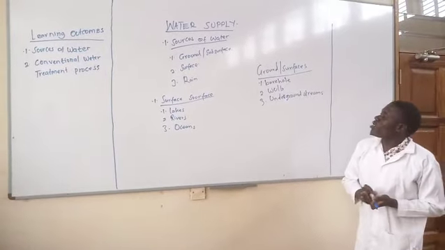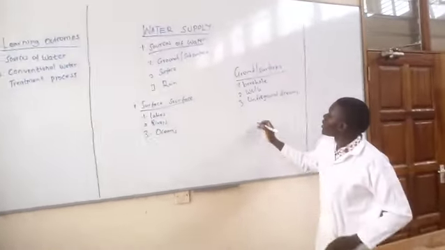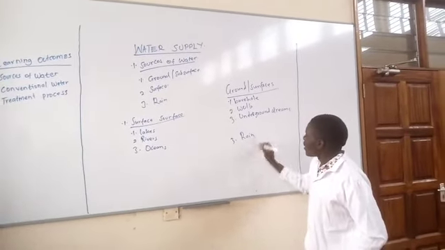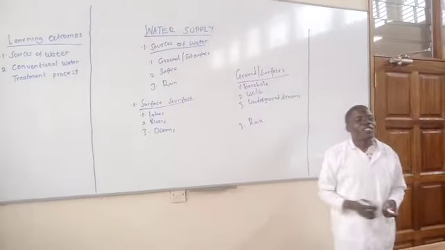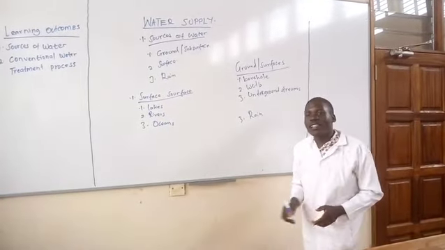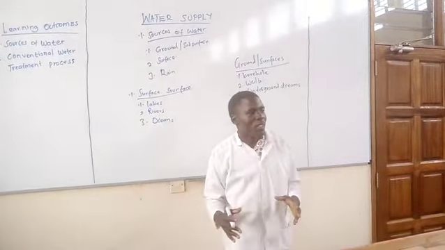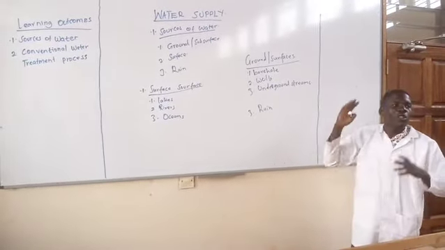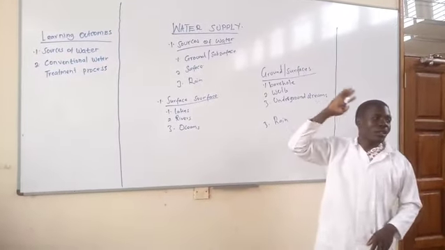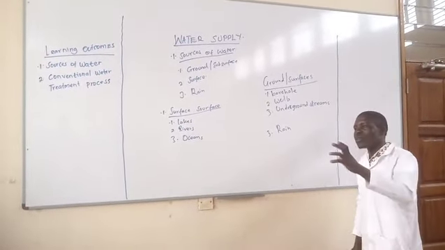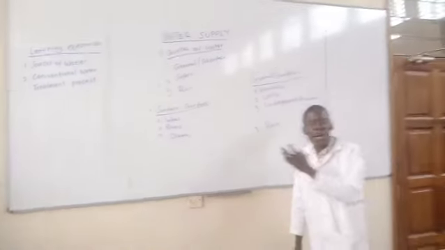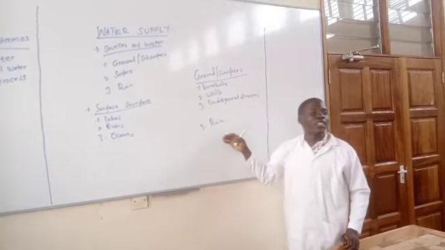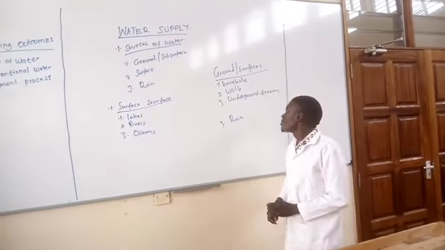Then, as we know, category number 3 is rain. Rain as a source of water. This is specifically a form of precipitation from the condensed clouds that falls back due to friction between the clouds. So when those fall back to the Earth's surface, we find water in form of rain.